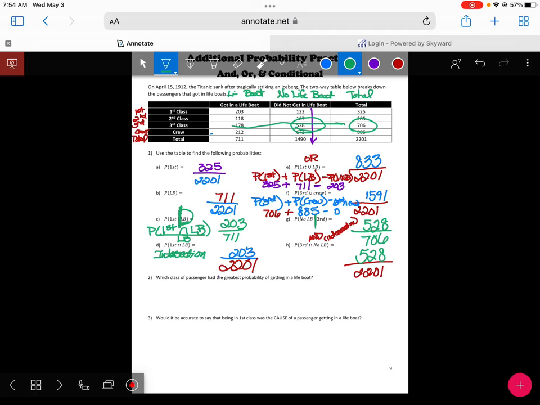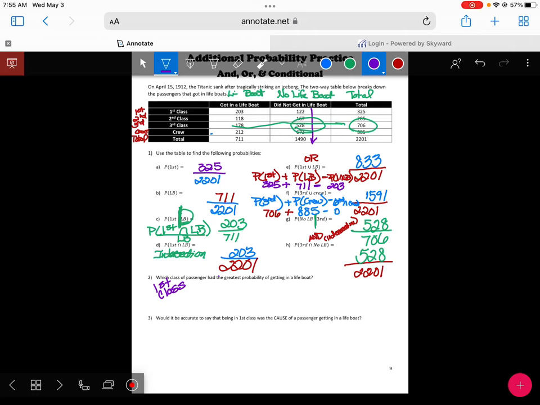Well, let's talk about first class. How would I figure that out? Which one has the most people in it, out of the total in that column?